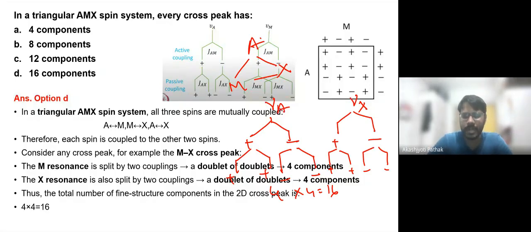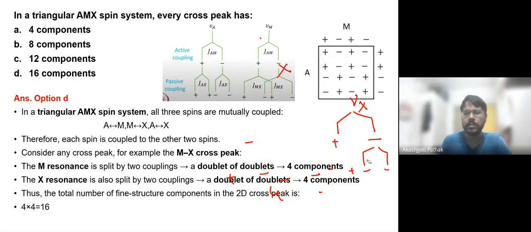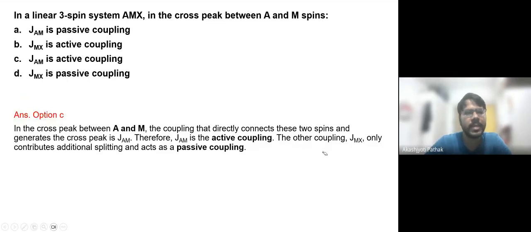So you can go through the explanation, it's the same thing. Now, in a linear 3-spin AMX system, for the cross peak between two spins, the coupling between the two spins we are considering is the active coupling. That is the main important thing. If you are considering the cross peak between A and M, then JAM will be the active coupling. If you are considering the cross peak between M and X, then JMX will be the active coupling.